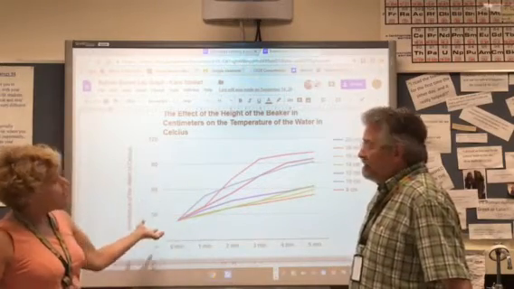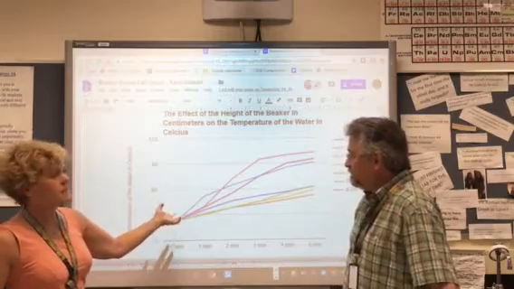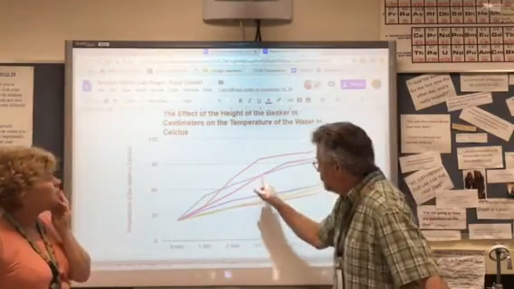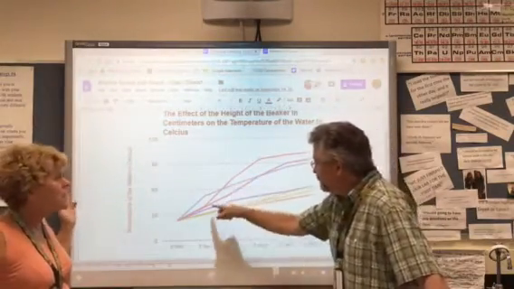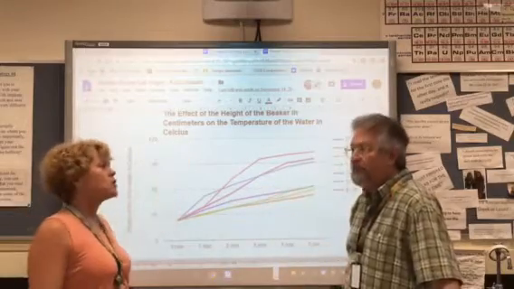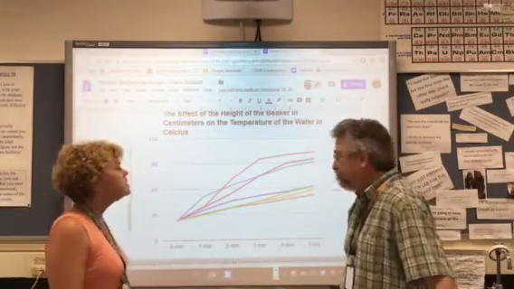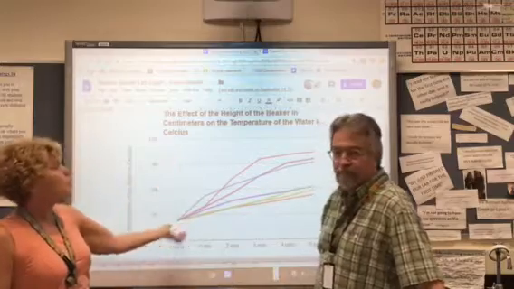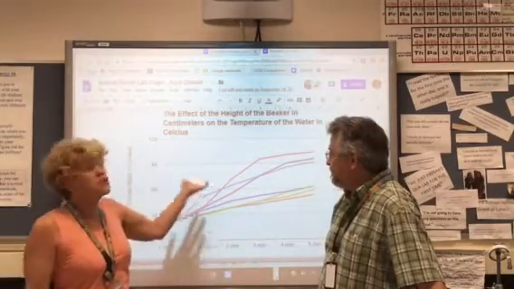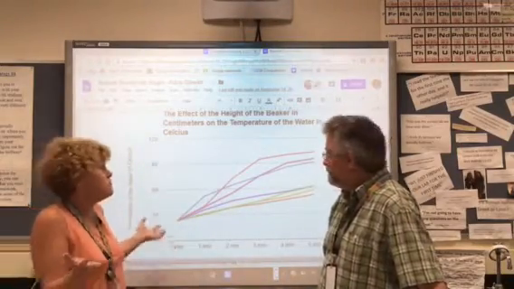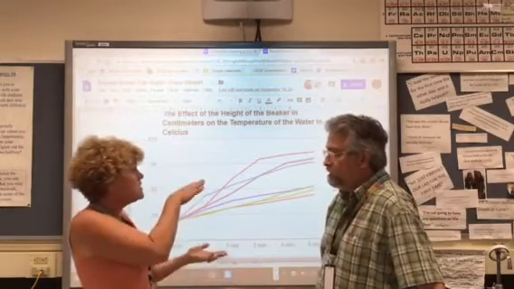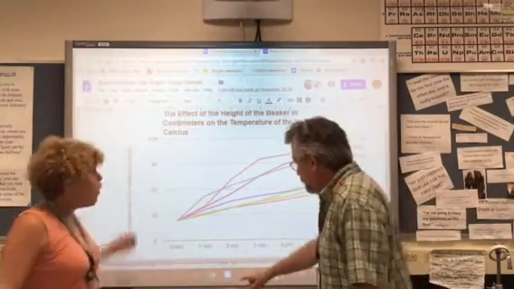Most times I really don't like the idea of connecting the points, but maybe for this lab, I'd rather see a line. Right, a best fit line. A best fit line really shows the difference in slope, which will show us which is the most efficient distance for heating. But overall, pretty good.